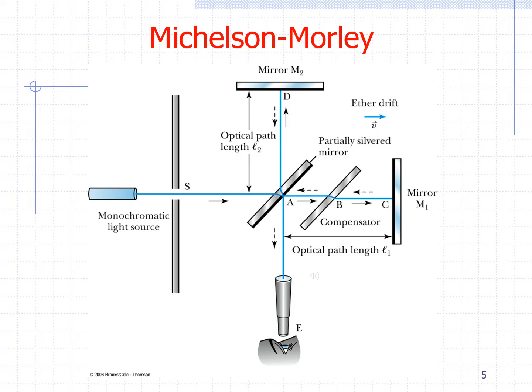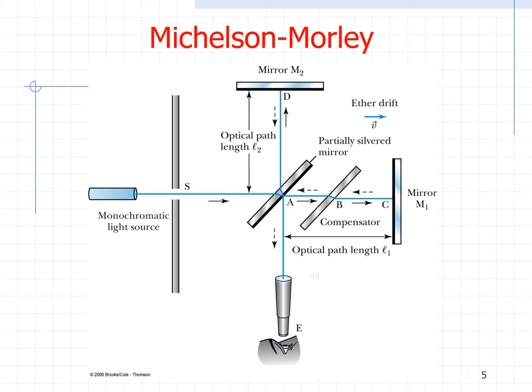The part which gets reflected from the partially silvered mirror, after passing through mirror M2, will again suffer reflection, enter the partially silvered mirror, and by crossing it, will enter the telescope.